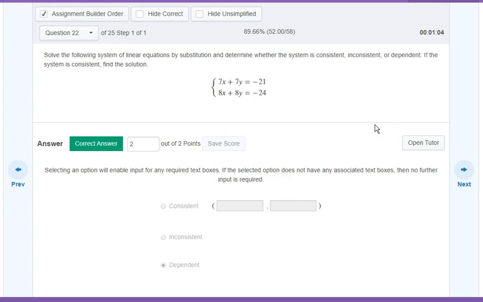All right, now when we look at these, we see that if we divide this top equation by 7, each term by 7, we get x plus y equals a negative 3. Now, if we divide this equation by 8, we get x plus y equals a negative 3.